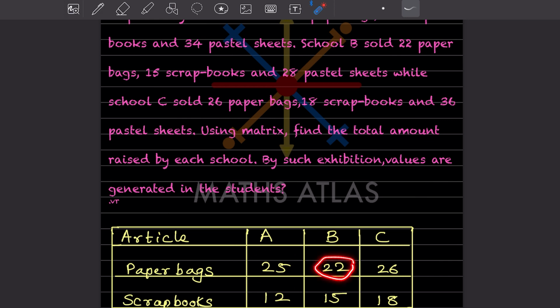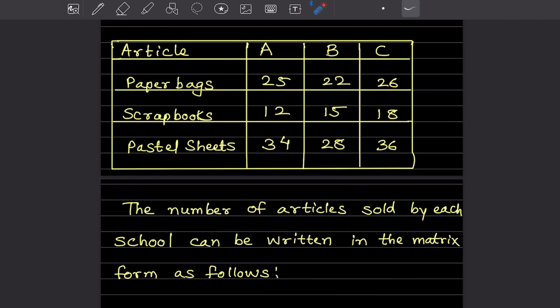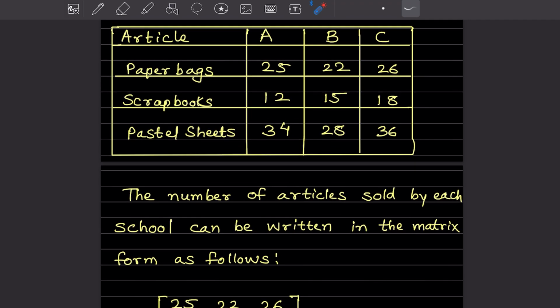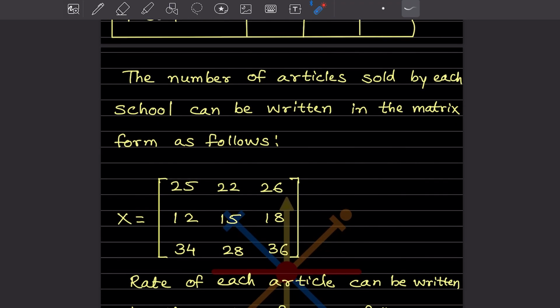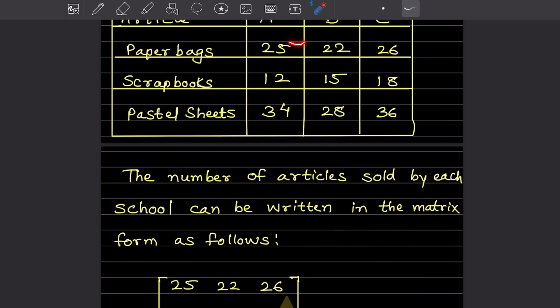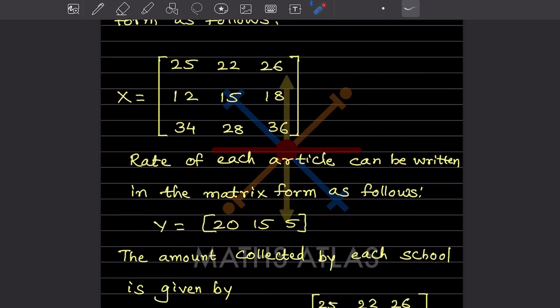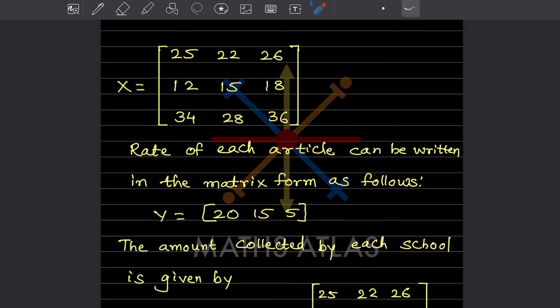Here for B, 22, 15 and 28. Here for C, 26, 18 and 36. So now what we can see is that the number of articles sold by each school can be written in matrix form. We can put this as X, and we are going to write all this in a matrix form. The rate of each article can be written in matrix form as follows. The rate is given as 20, 15 and 5.